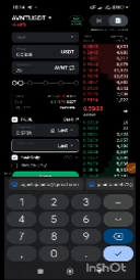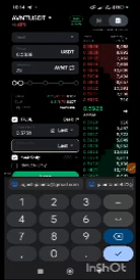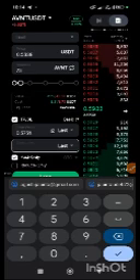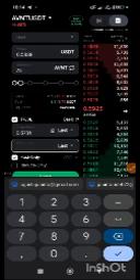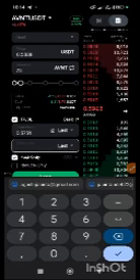But I'm going to add it now. The entry they gave us here was 0.5638, and they asked us to take profit at 0.5751. So now we'll be looking at our stop loss at 0.5561.